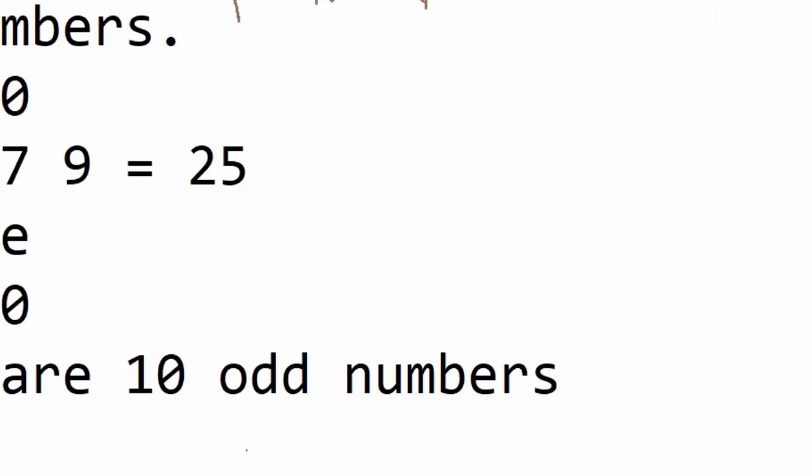So whenever we know the odd numbers are 10, the sum 1 plus 3 plus 5 plus 7 plus 9 plus 11 plus 13 and so on up to 19 should be 10 square. So all of you got it, ma? Good, so 100. It is not possible to represent square directly, ma. Please understand.